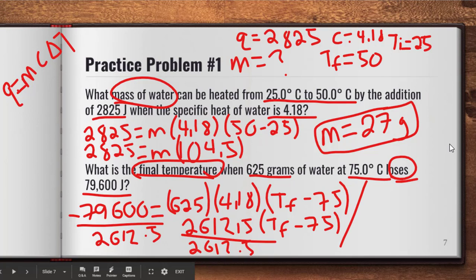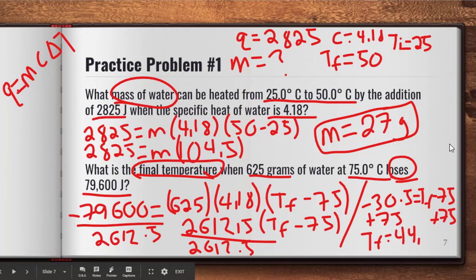What we get here is minus 30.5 equals Tf minus 75. So we add 75 on both sides, and we get our final temperature is 44.5 degrees Celsius.